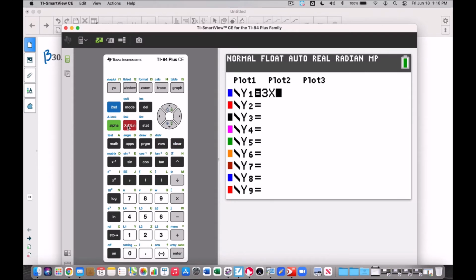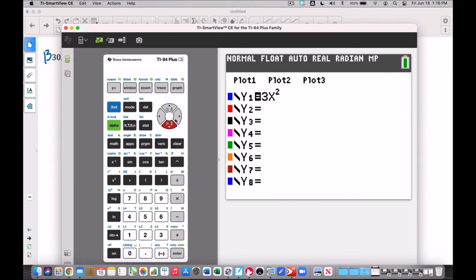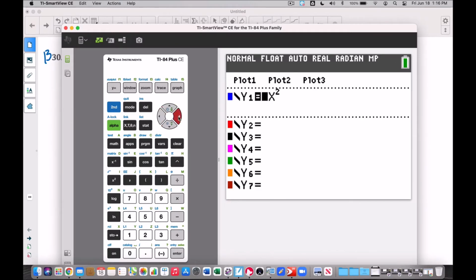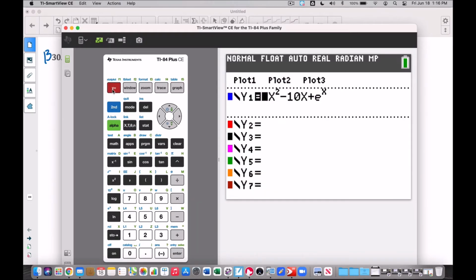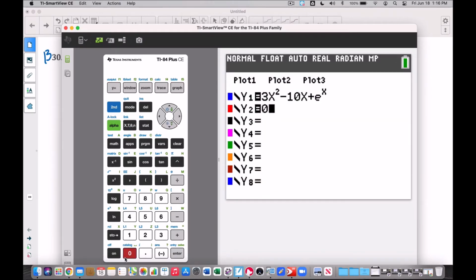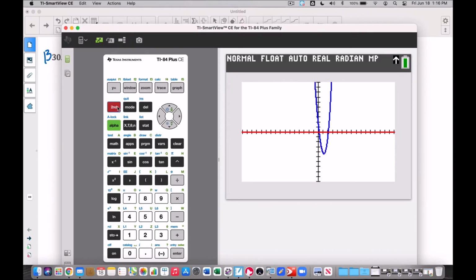So 3x squared minus 10x plus e to the x, because that is when the concavity will change, and then we can do some analysis to figure that out. Okay, graph it. Put a 0 in, graph it. There we go. Second trace, intersect, guess.